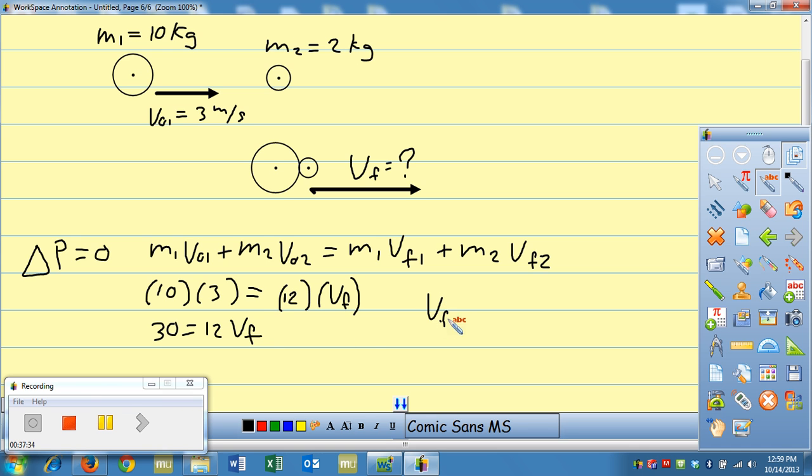V final equals 30 divided by 12, which is 2.5 meters per second.